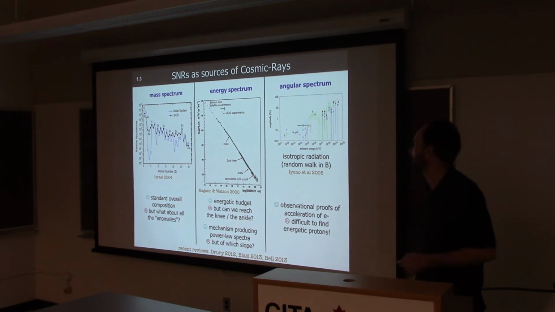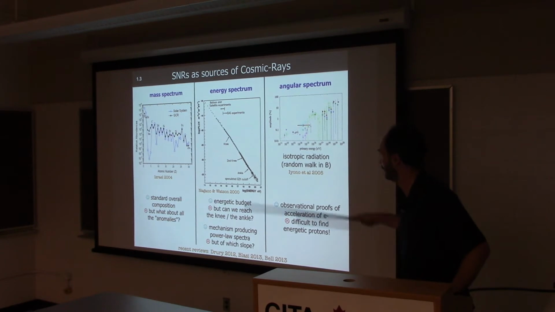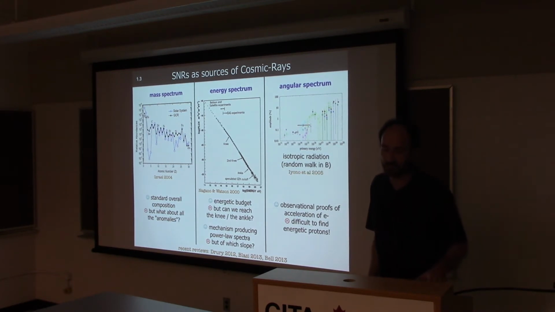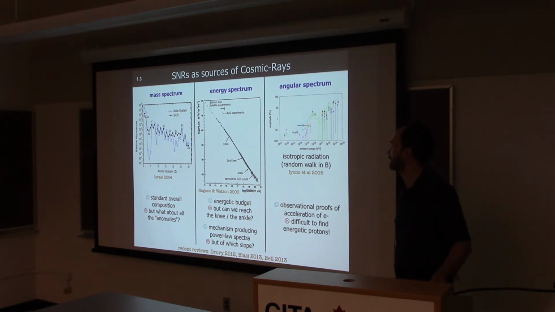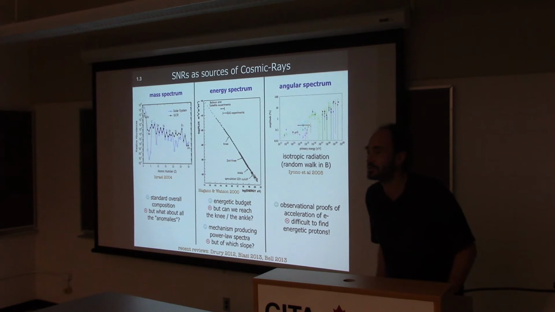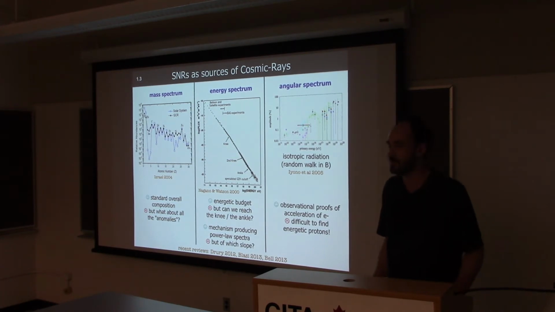And as I said, we know a mechanism that produces power law spectra like this, as observed at a shock wave. Now to see particles being accelerated is difficult because these are charged particles, so they're deflected by magnetic fields. So you cannot really do cosmic ray astronomy. I cannot show you a map of where they're coming from.